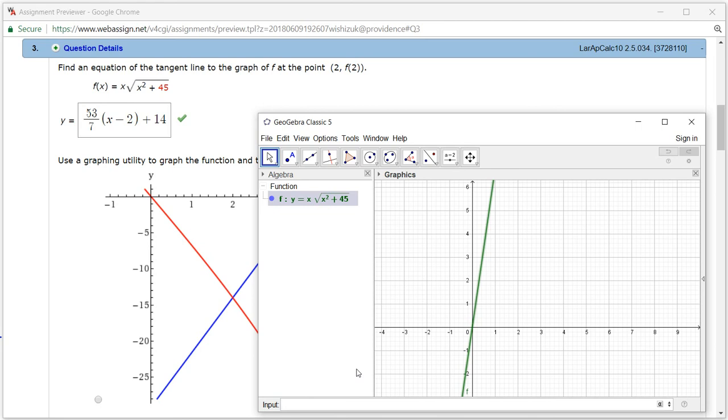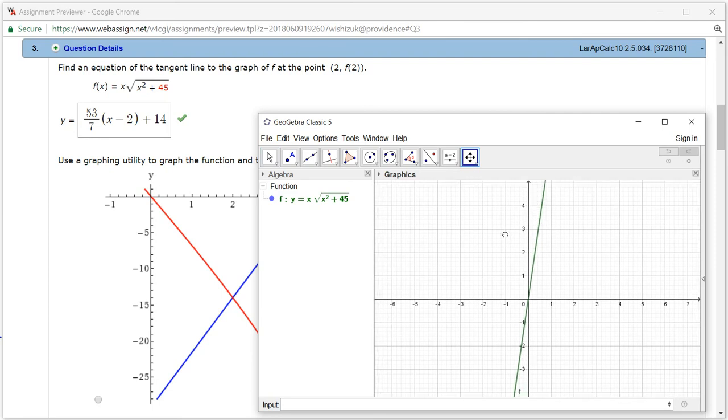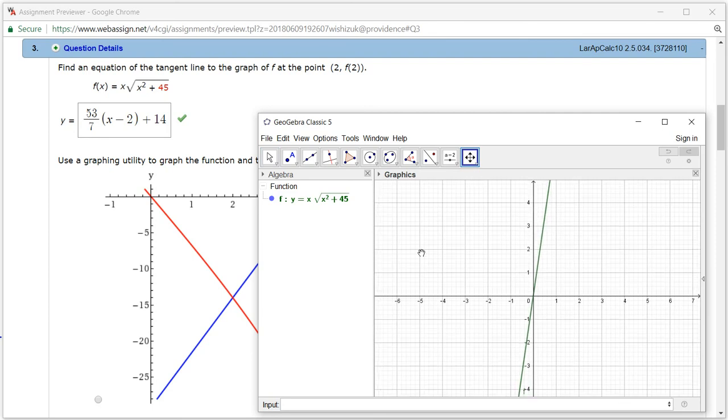So this is the graph we have. It's almost like a straight line. If I don't like it, we can always change the scaling. And then we need the tangent line here.